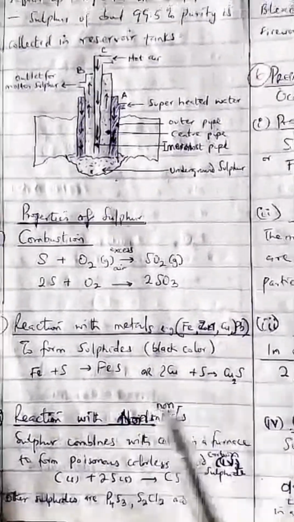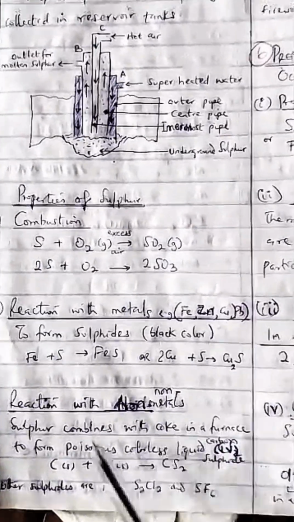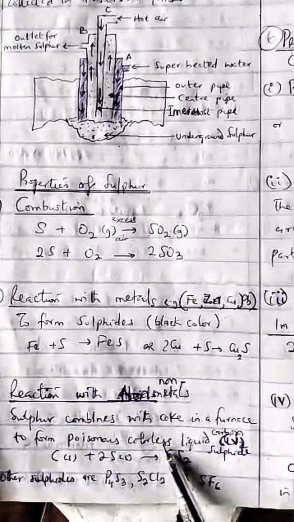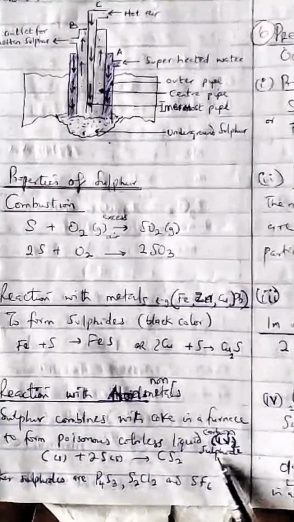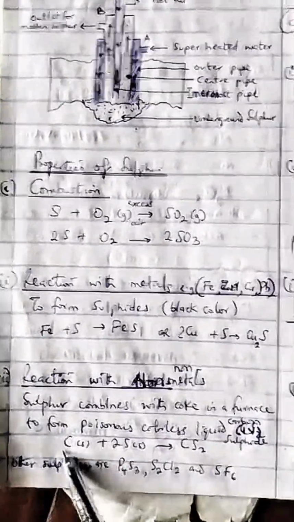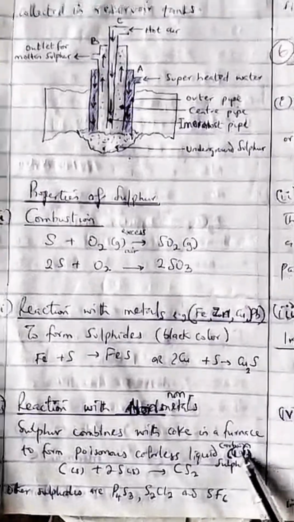Sulfur also reacts with non-metals, not just metals. Sulfur combines with coke in a furnace to form a poisonous colorless liquid, carbon disulfide. Remember, coke is a form of carbon. This is the chemical reaction for carbon disulfide, which is poisonous.